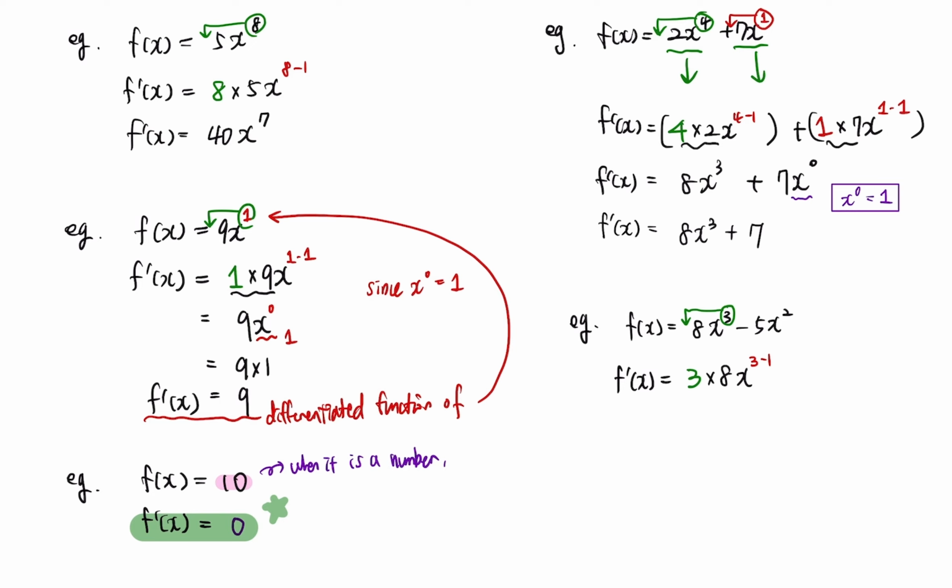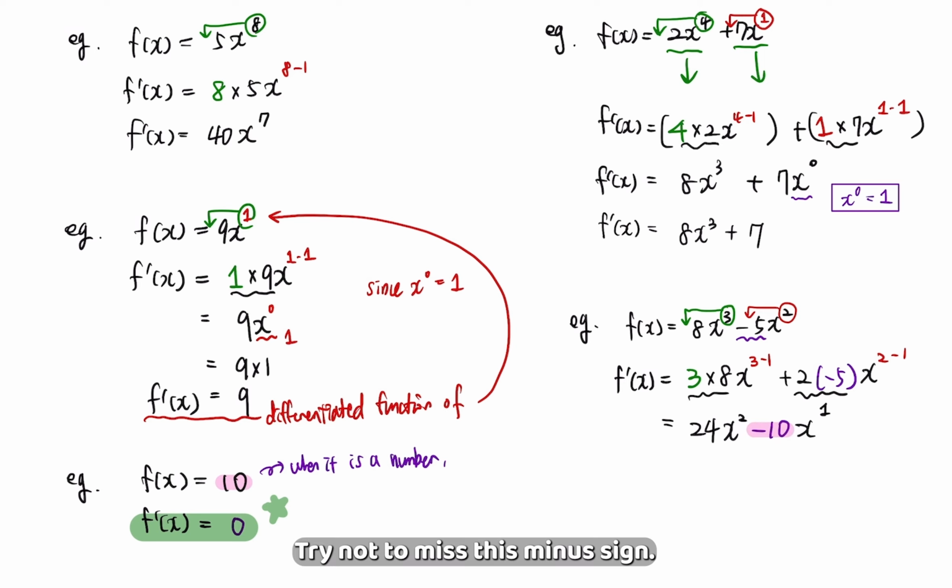And then move down number 2 in front again, and times by minus 5x to the power of 2 minus 1. Then the result is now 24x to the power of 2 minus 10x to the power of 1. Try not to miss this minus sign.